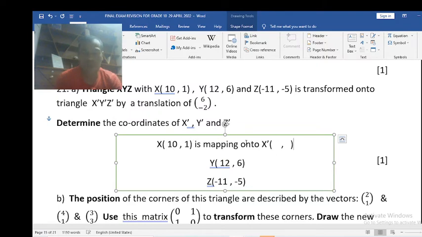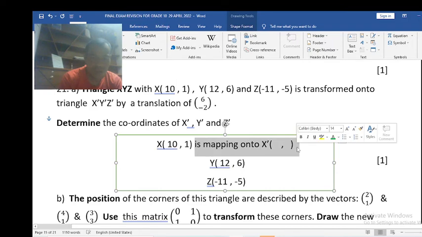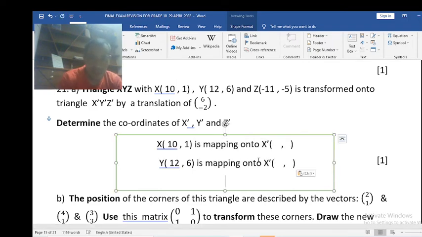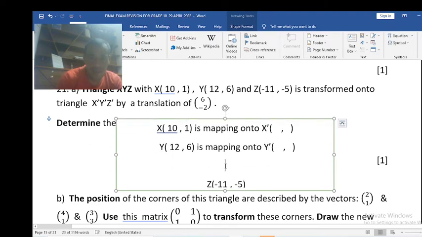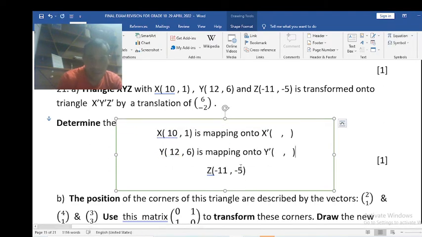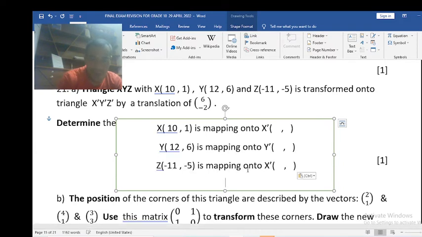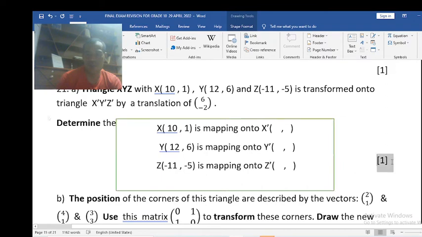Then I'll make another copy, this is Y', and then I'll extend this and make a copy, this is Z'.